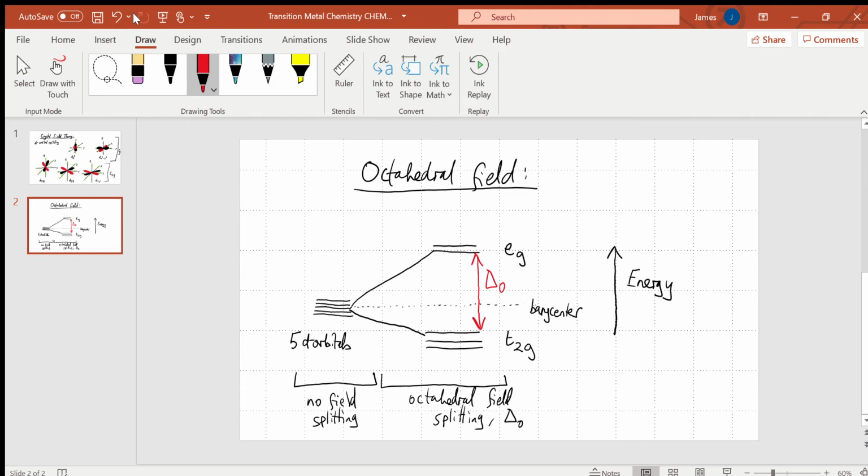But then we'll notice that we have above the barycenter and we have below the barycenter. Above the barycenter we have 3/5 delta O. Below the barycenter we have 2/5 delta O. Clearly, if we sum both of them, 3/5 plus 2/5, we have 5/5 or just 1 delta O.